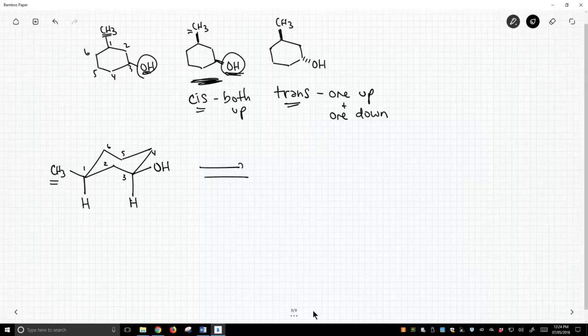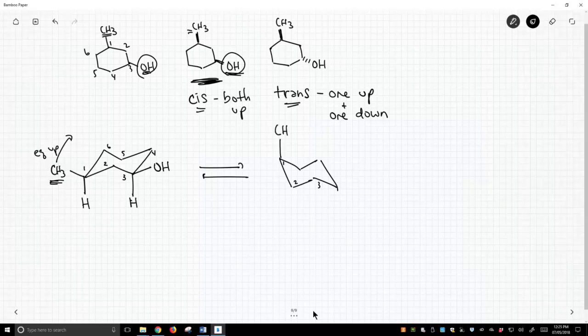So, let's look at what happens when we flip this. Let's draw the other chair conformation of this ring. Here's carbon 1, 2, 3. Carbon 1, this methyl group, which is equatorial up, when we flip it, it's going to bend upward.